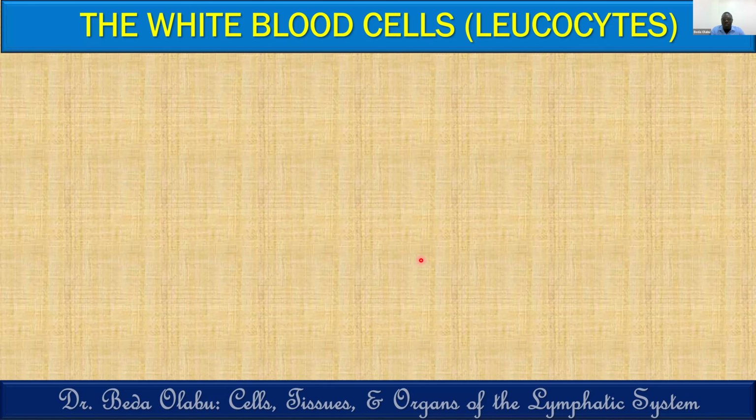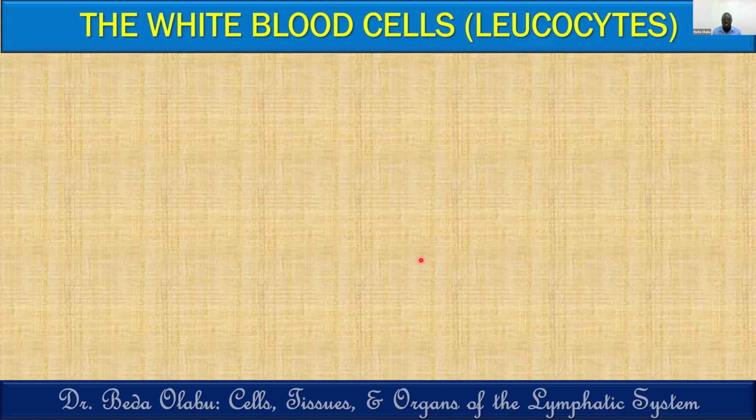Even though they constitute less than 1% of whole blood, basically speaking, because if you look at whole blood, plasma will occupy about 55% of the whole blood. The red blood cells occupy about 45% of the whole blood. So you remain with hardly any percentage, or less than 1%.